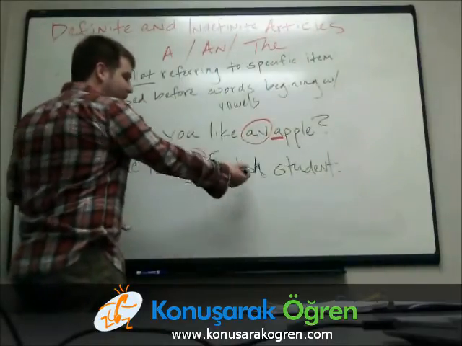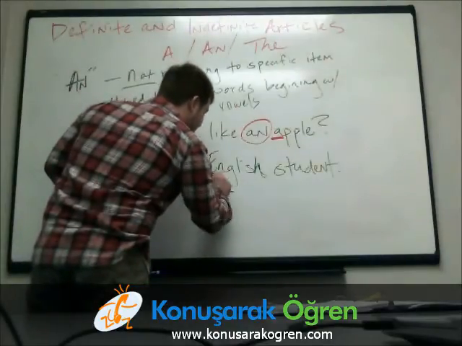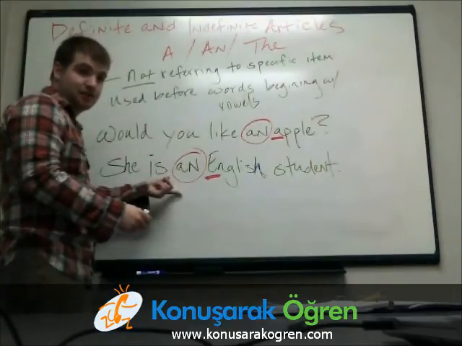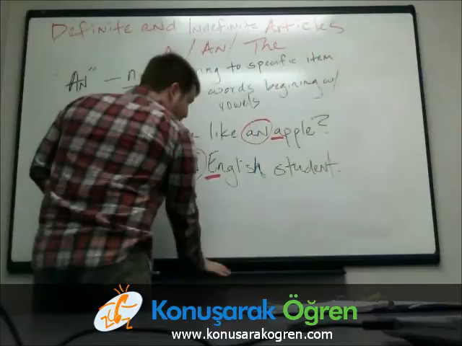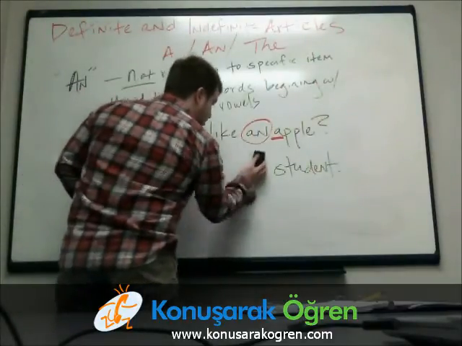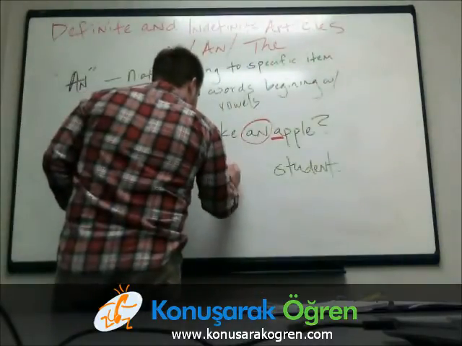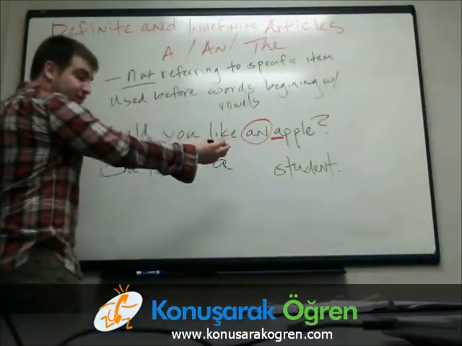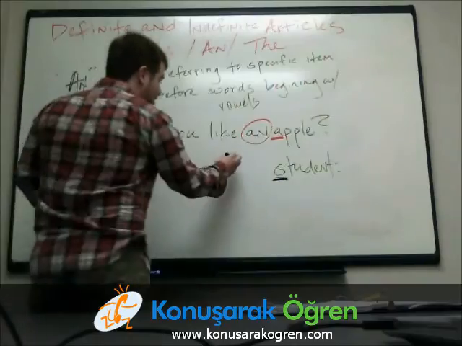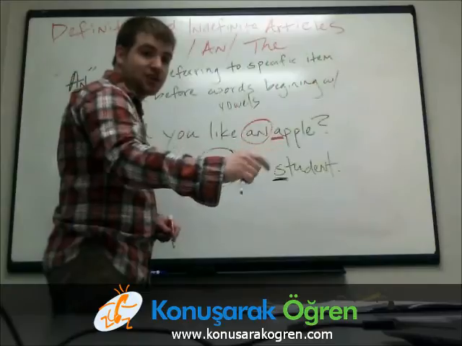Because we're modifying English here, and English begins with a vowel, begins with E, we have to use an. Now, if we took the word English out, we would say simply, she is a student. Student begins with a consonant, so we're all right. She is a student. She is an English student.